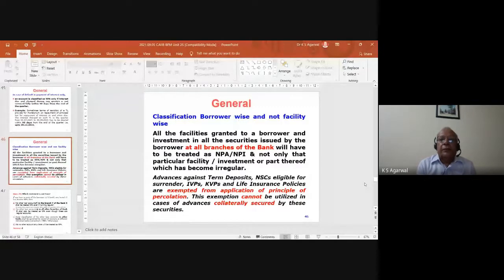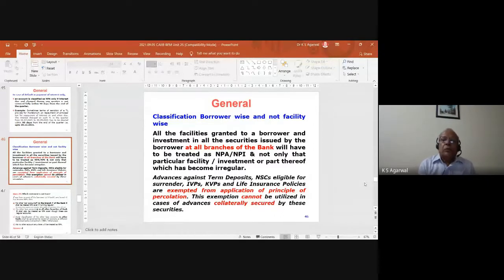Classification of NPA is borrower wise, not facility wise. All the facilities granted to a borrower and investment in all the securities issued by the borrower at all branches of the bank will have to be treated as NPA or non-performing investment, and not only that particular facility.